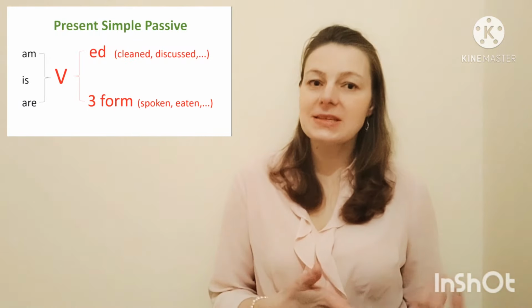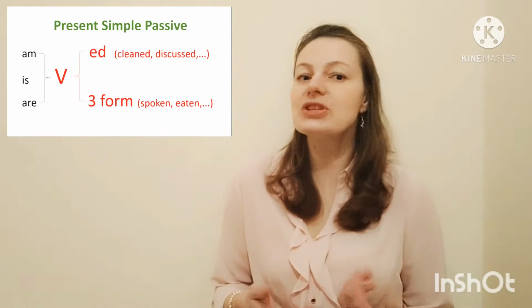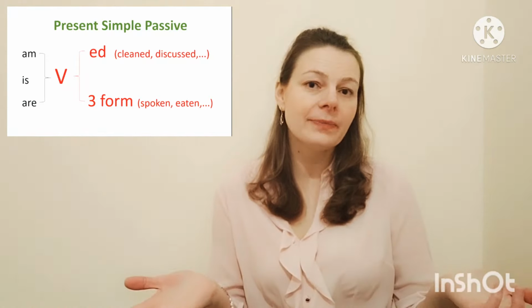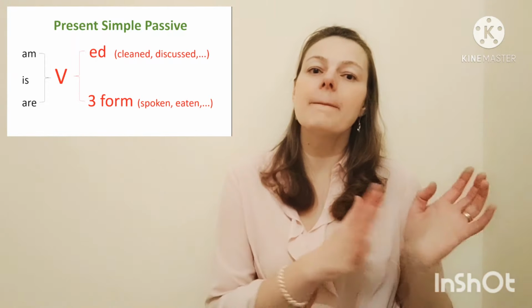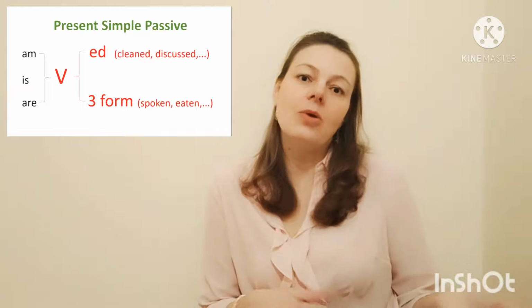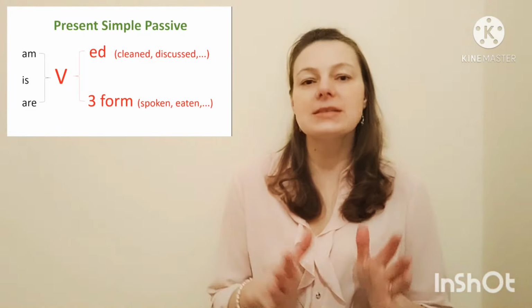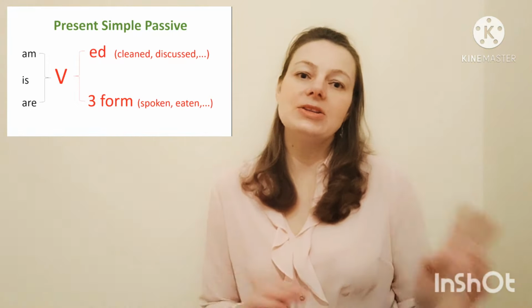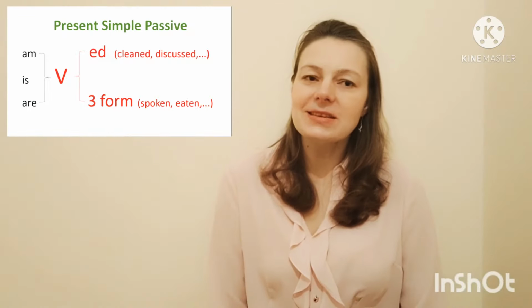So, in present simple, we will use the auxiliary verb to be, which is transformed into am, is, or are, according to the person, and we will use the past participle of the main verb, or as we usually say, the third form for the irregular or ed for regular verbs. Isn't it easy enough? Let's practice.